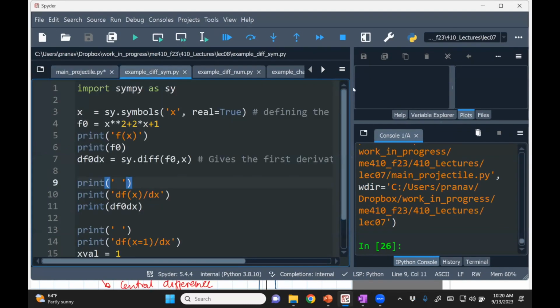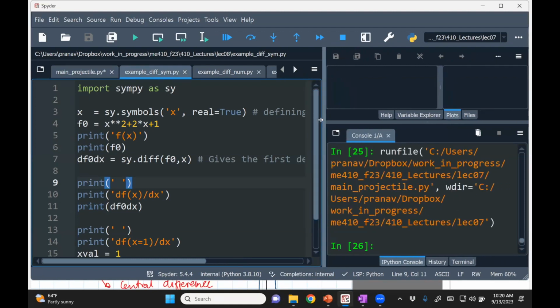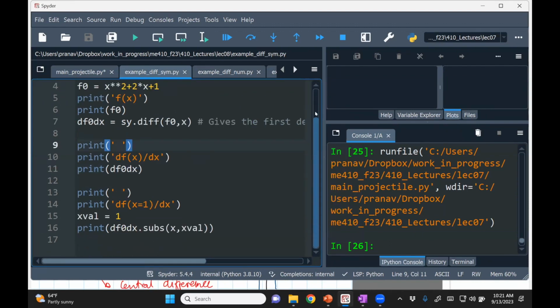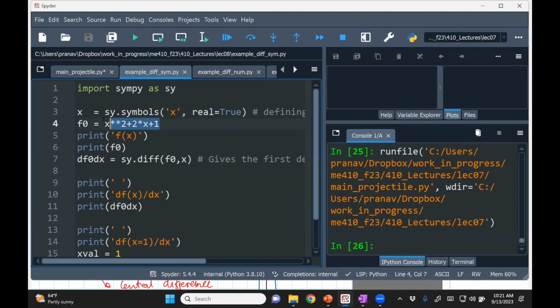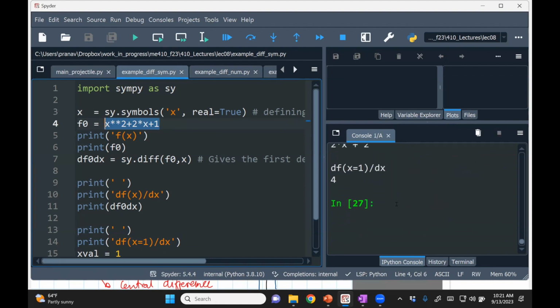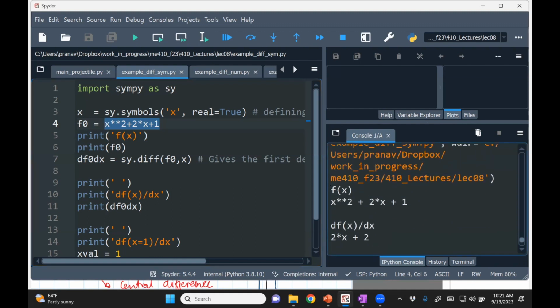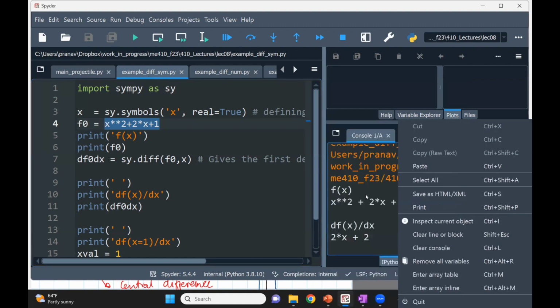What I have here is code which essentially transfers what I wrote in the notes. I'm trying to compute the derivative of x squared plus 2x plus 1, and we know the derivative is 2x plus 2. So I'll run this. The f of x here is x squared plus 2x plus 1.